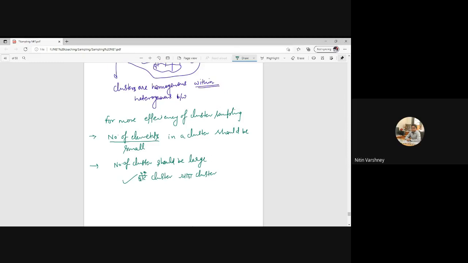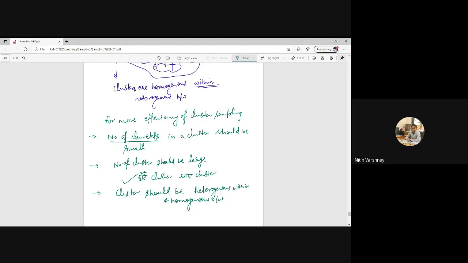And the third point is also there. Remember the difference: clusters should be heterogeneous within and homogeneous between.